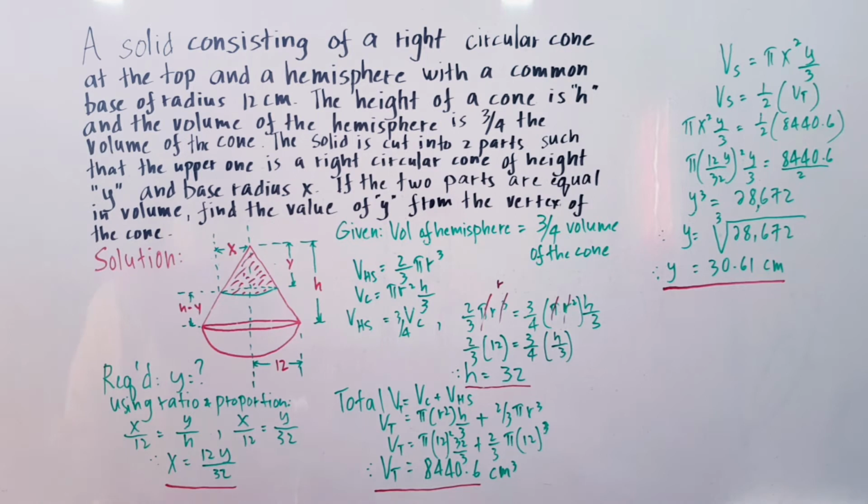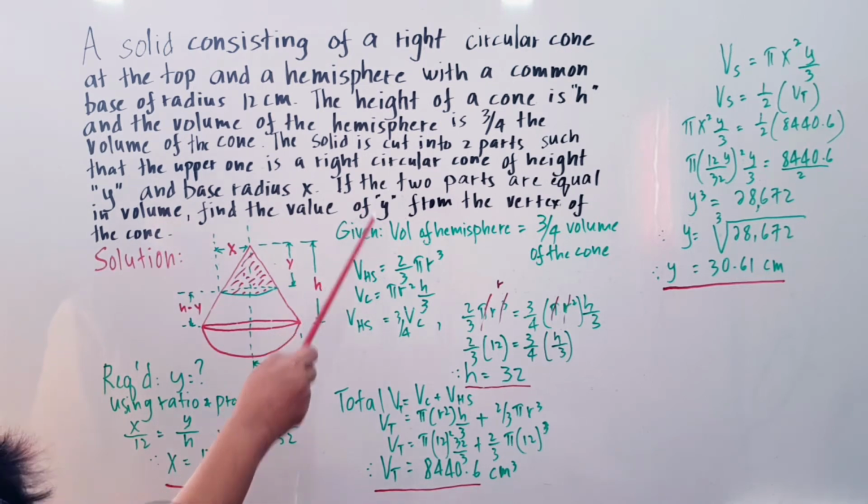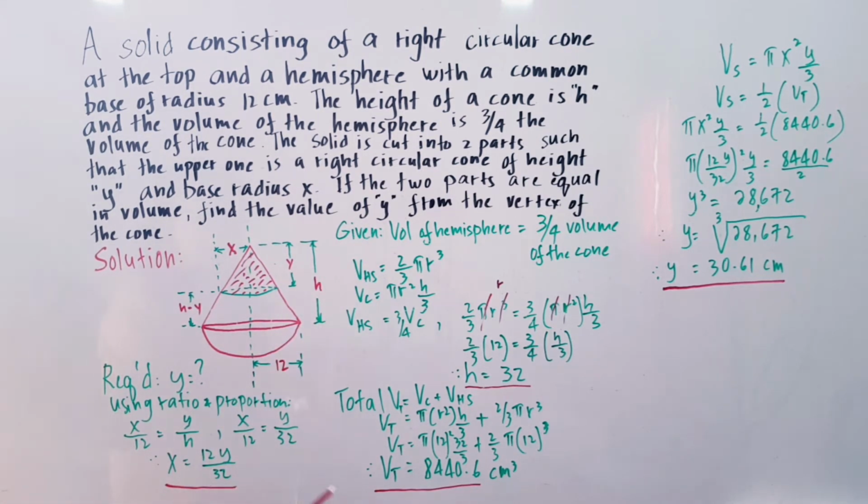Ngayon, dahil ang hinahanap natin is y, hindi pa rin natin masolve kasi kailangan natin isolve muna yung value ng x bago natin makuha yung value ng y. So, dahil meron na tayong value ng h at saka meron tayong value ng r sa malaking cone, pwede natin gamitan yan ng ratio and proportion.